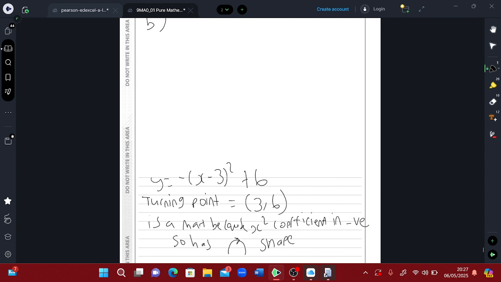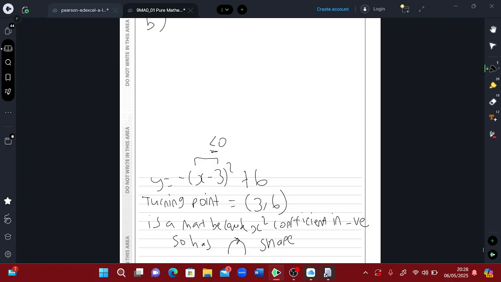If we want to maximize, the only way you can vary y is by varying x. Now notice this is all squared, so this is always going to be at least 0. However, this is a negative, so on the flip side, it's always going to be at most 0. It's going to be negative.